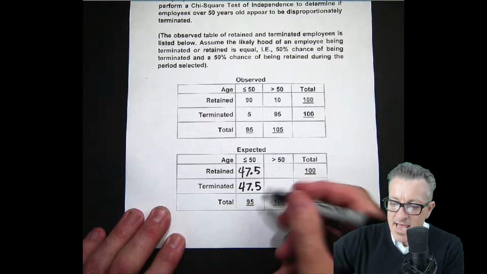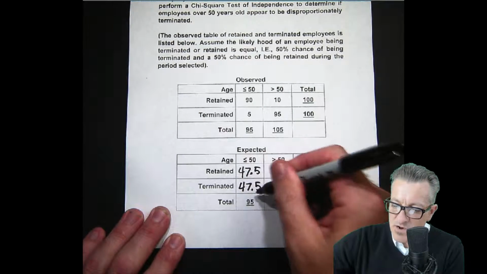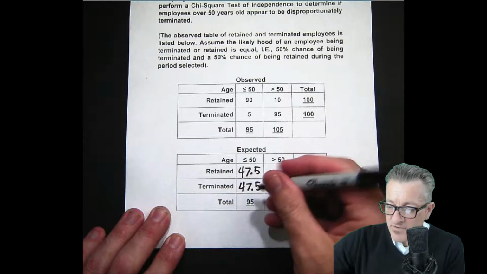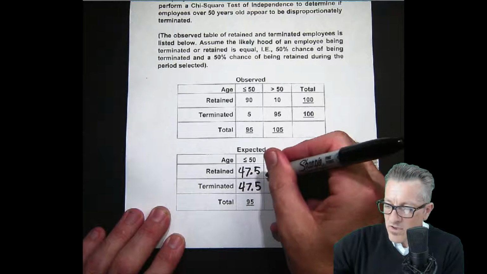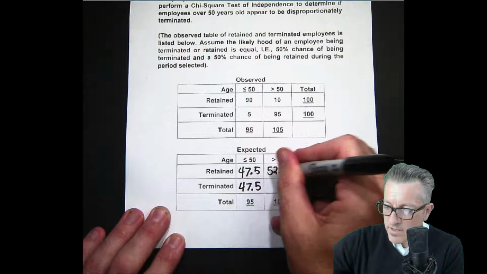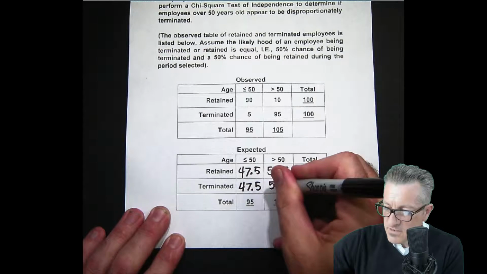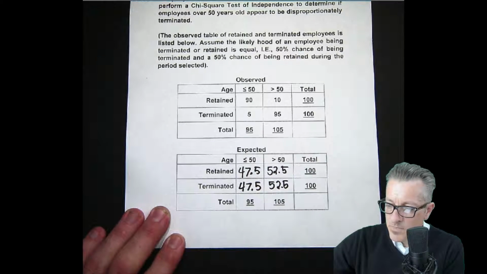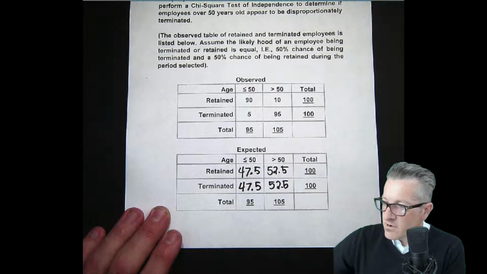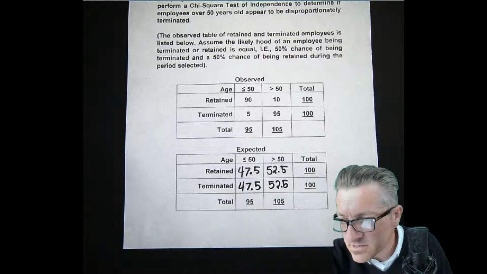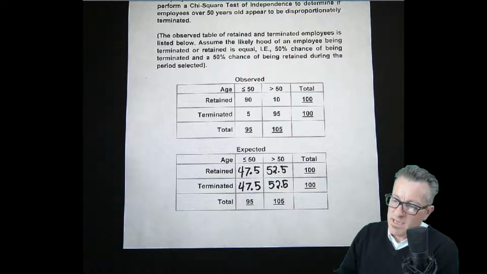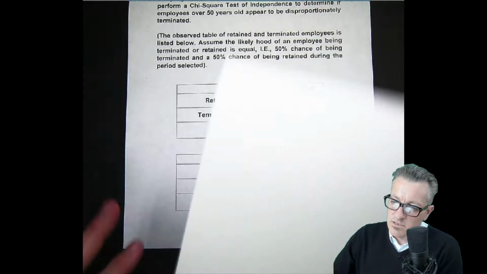And this is just half of 95 for each box. And then half of 105 is 52.5, 52.5. So we have our table filled in. Now I'm going to move to a different piece of paper because I just don't have space. So now we're going to continue this problem.